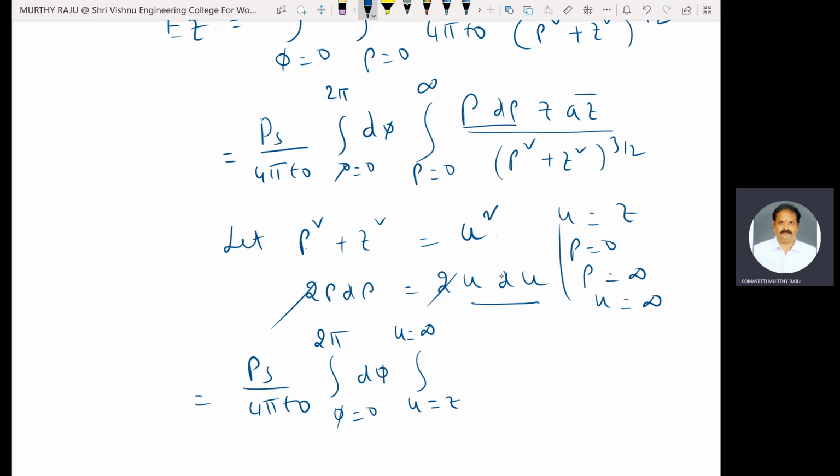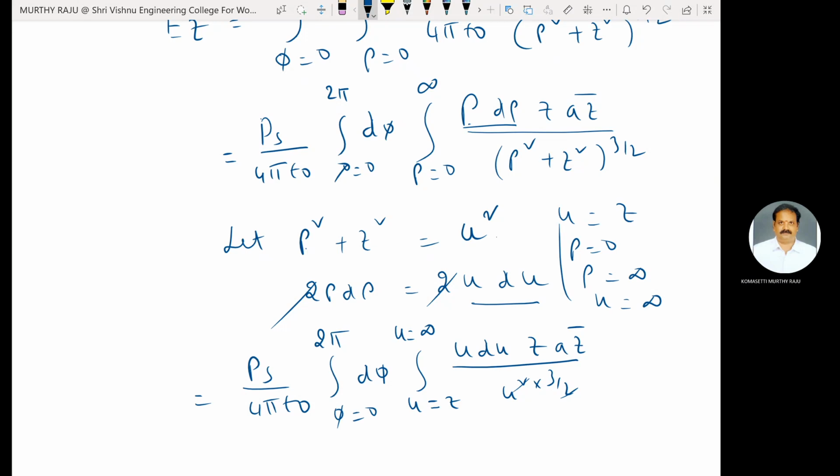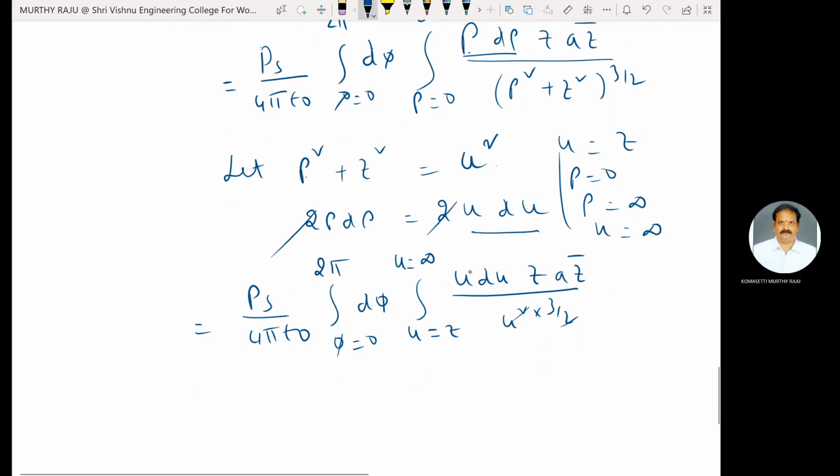Here rho d rho is equal to u du, and rho square plus z square to the 3 by 2 is u cube, so finally a u square value remains.